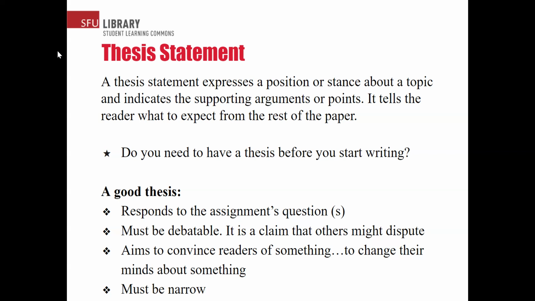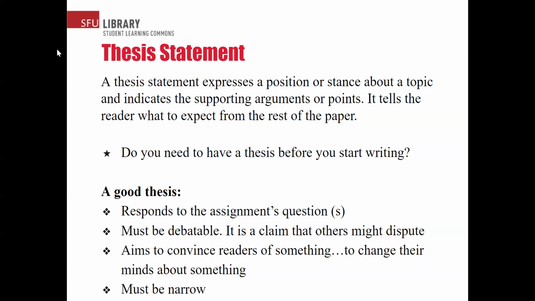A good thesis statement aims to convince readers of something and to change their minds about something. That's why we say a good thesis statement should be argumentative, because you want to change the minds of some people.